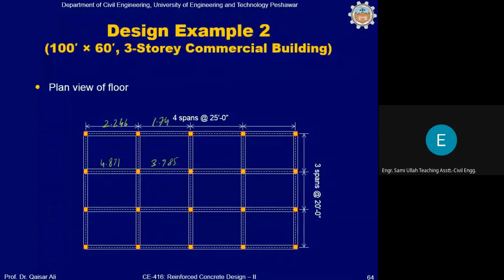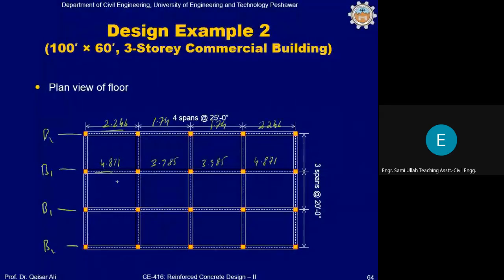If you see, for these two beams both spans are the same. This is 3.985. Here again this is 1.74, and these spans are the same, so this is 2.246. These two spans are the same, so 4.871. Similarly these two beams are the same, B1 and B1, and these exterior beams are also similar.